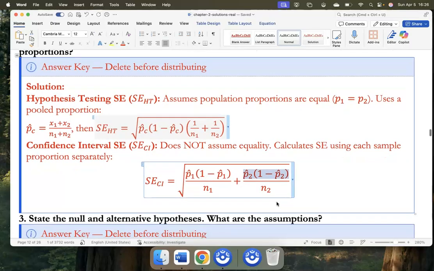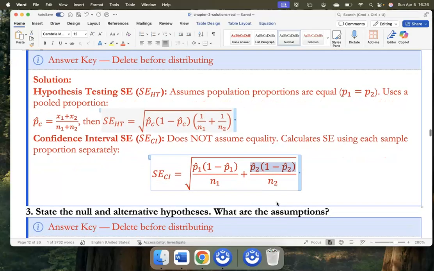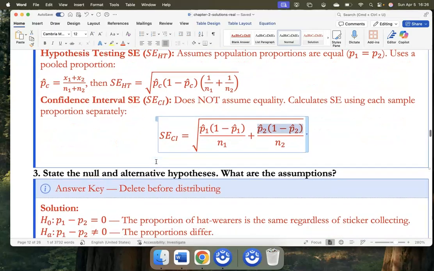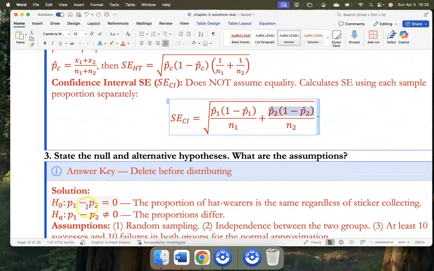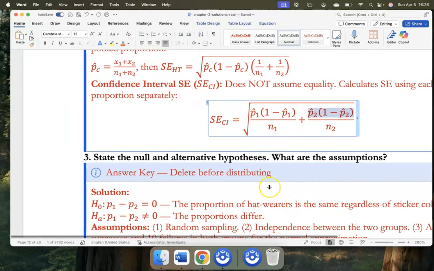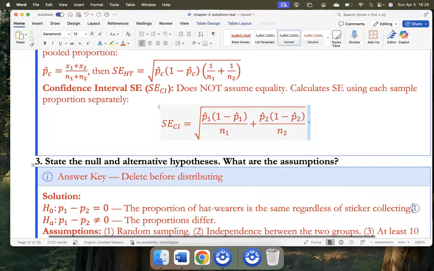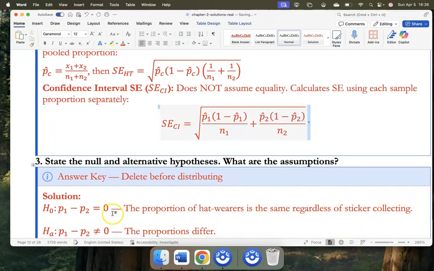Okay, state the null and alternative hypotheses. Since we're using proportions, we know that our symbol is going to be P. So our null hypothesis is that P1 is equal to P2, or that P1 minus P2 is equal to 0. It means the same thing. When I say that the difference is equal to 0, that implies that 0 is plausible as a value for the difference.